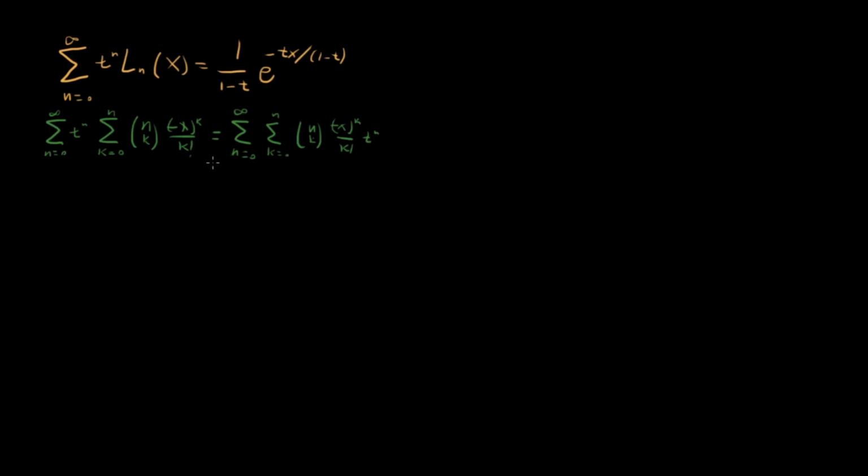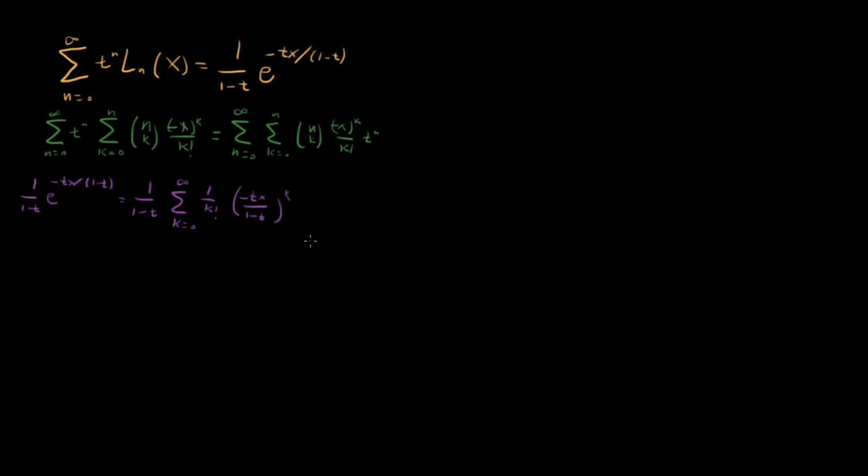Now let's look at the right-hand side. So how are we going to redo this right-hand side? Well, we know what the Taylor series for an exponential function is, so let's start by writing that out. We know that 1 over 1 minus t times e to the minus tx divided by 1 minus t is equal to 1 over 1 minus t times the series from k equals 0 to infinity of 1 over k factorial times minus tx over 1 minus t raised to the k.